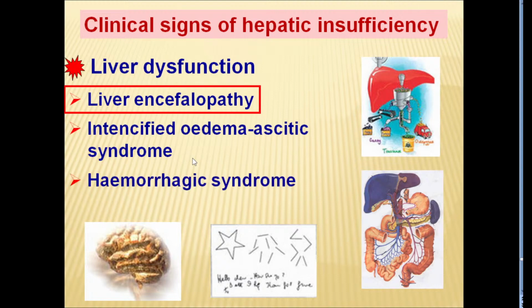The next problem is hemorrhagic syndrome, because the liver controls the coagulative properties of blood through synthesis of prothrombin and other coagulative indices. It takes part in vitamin and microelement metabolism.